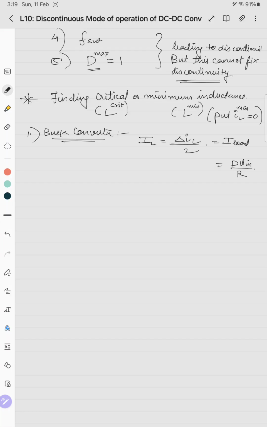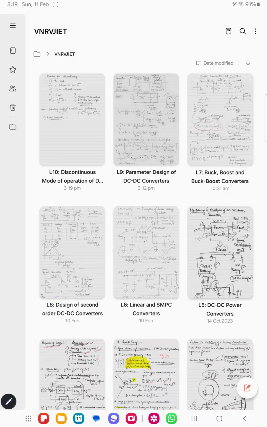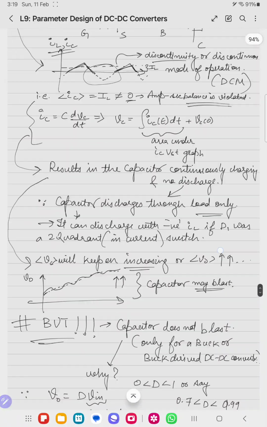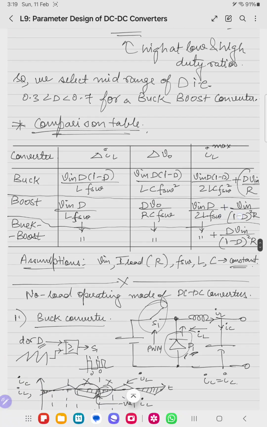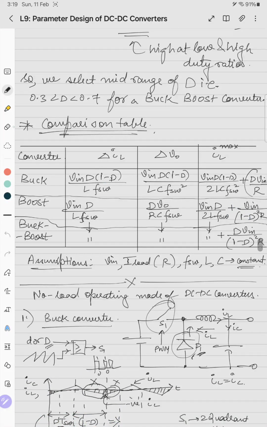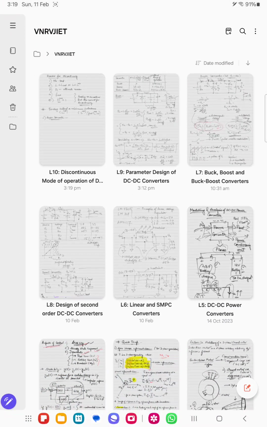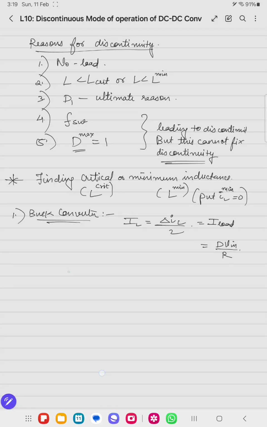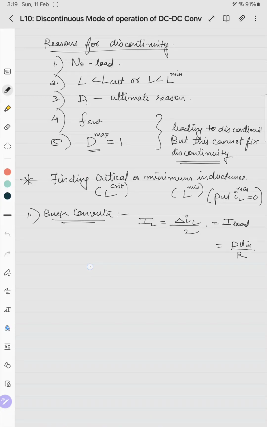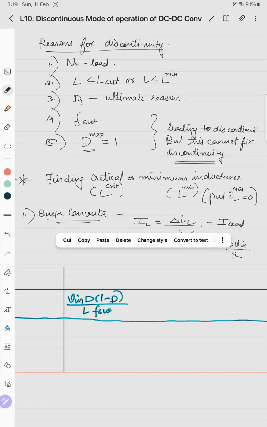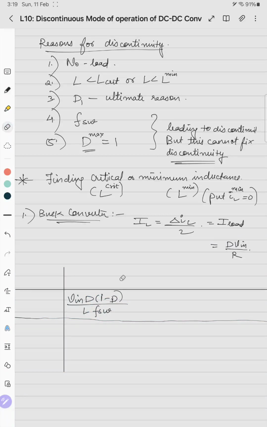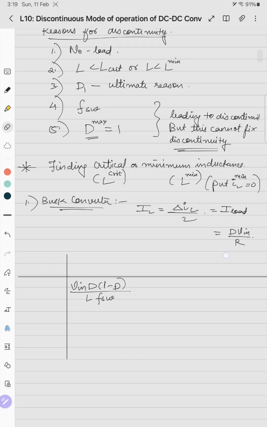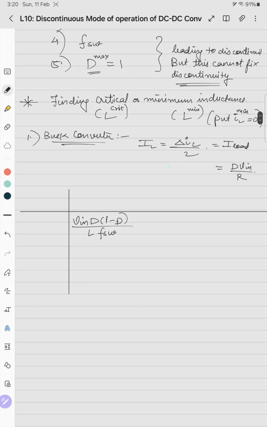So assuming that the inductor has just touched the discontinuity line, by avoiding the uncertainties, this is the expression. And what is delta I_L? Delta I_L we have to copy, the delta I_L expression for a buck converter. Okay, it can't be copied, so we'll write it.